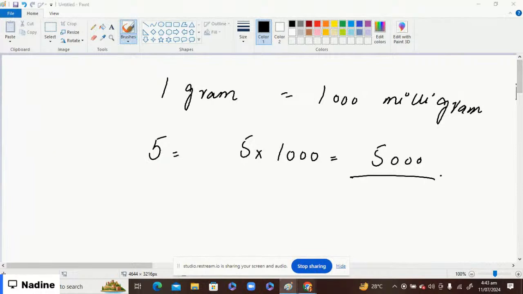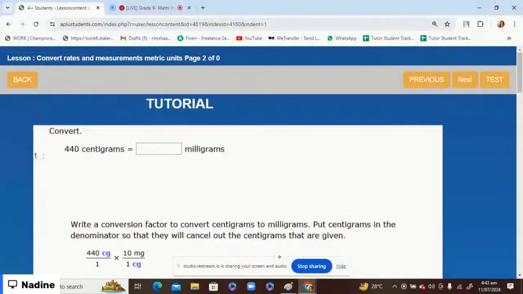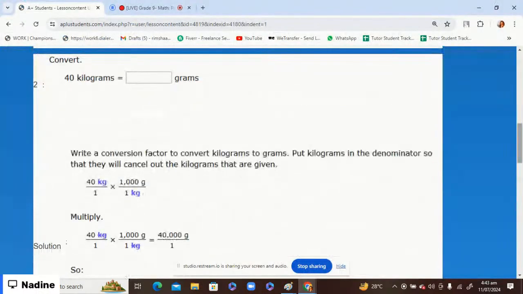So let's do some more. Now look here, it's kilograms to grams. These are all customary units.